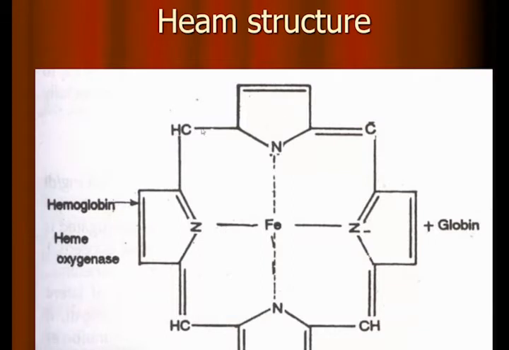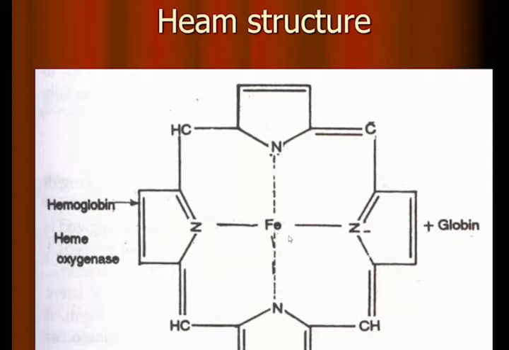They are connected by methylene bridges. This is one methylene bridge, this is one methylene bridge, this is one methylene bridge. In the center, you are carrying one iron ion. This iron is being carried by the 4 pyrrole rings. Every iron molecule will be carrying one oxygen.